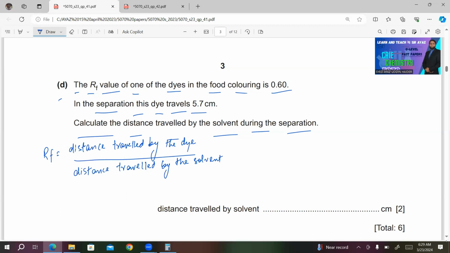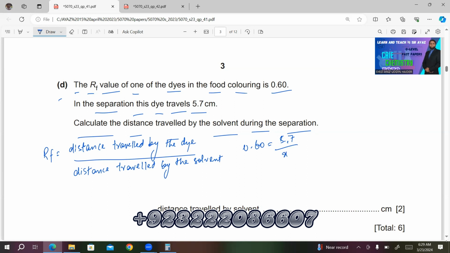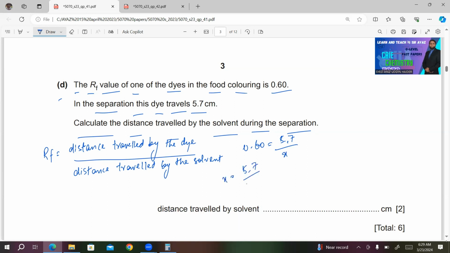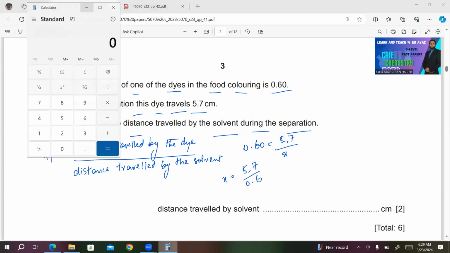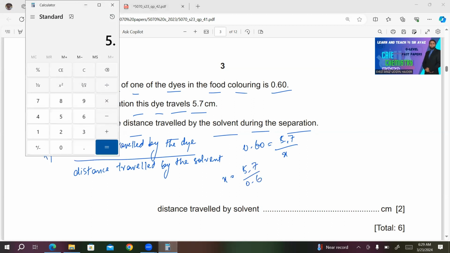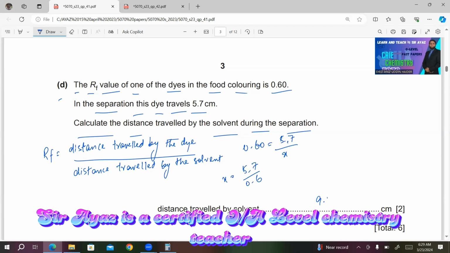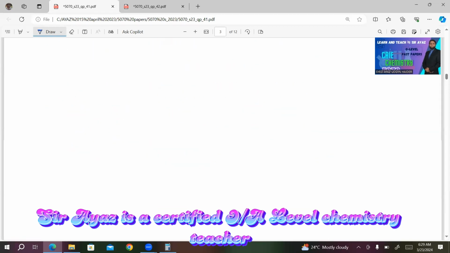Putting the values, RF is 0.6, is equal to 5.7 divided by X, considering X as the distance traveled by the solvent. So X is equal to 5.7 divided by 0.6. What will you get? You will get 9.5 centimeter. Moving to next question.